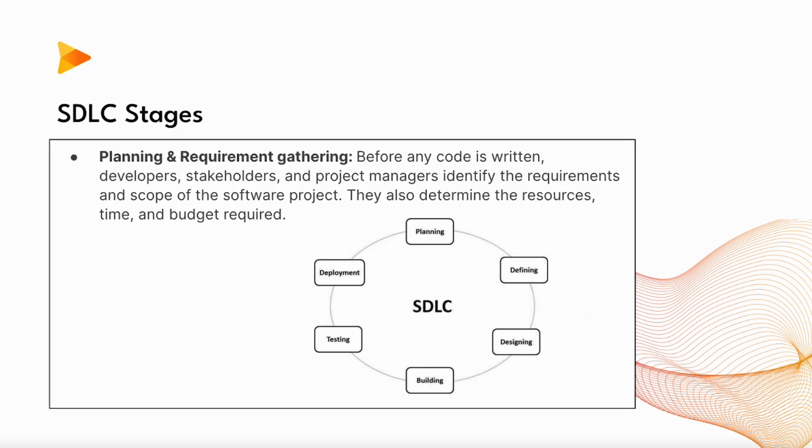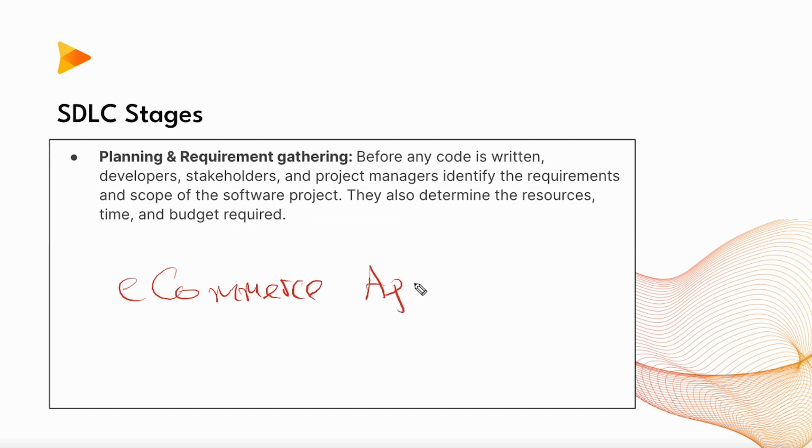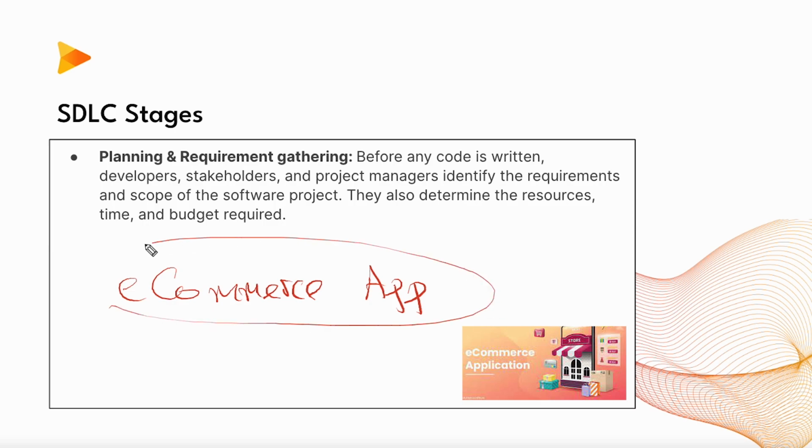So the first stage is the planning stage, right? Whenever developers want to build a new software, let's say for example it's an e-commerce app, the first thing they're going to do is go into the planning and requirement gathering phase, right?